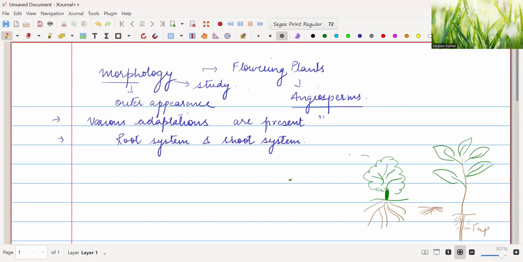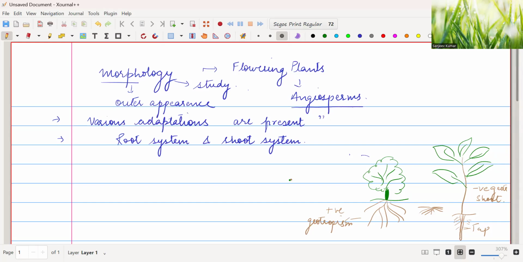When we are studying about it, we see that the one which is towards the root shows positive geotropism, whereas negative geotropism is shown by the shoot system.